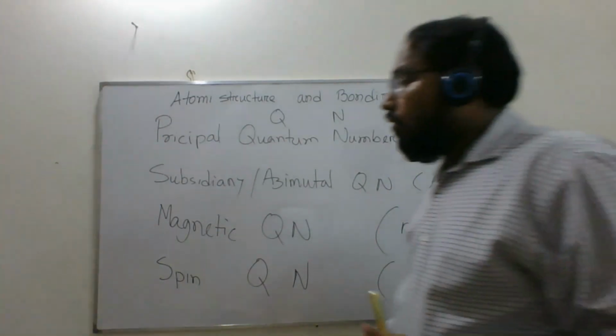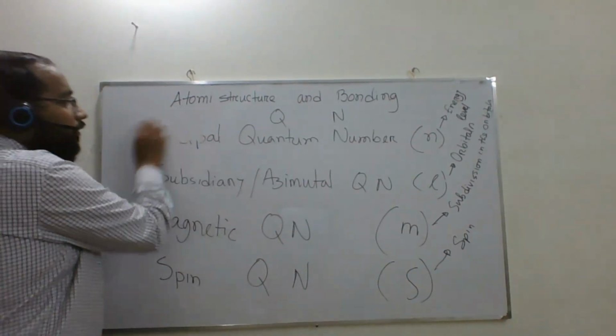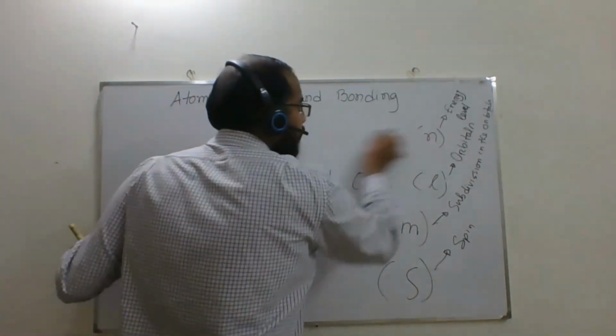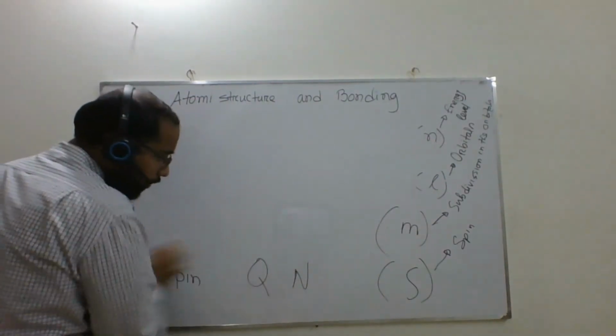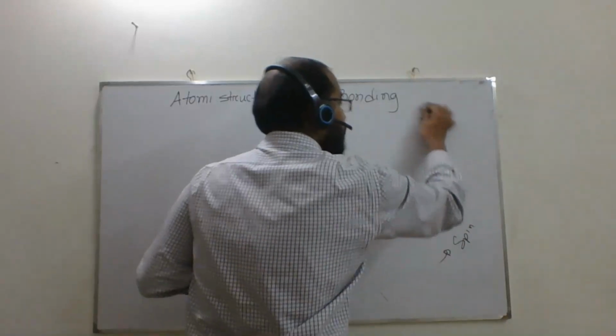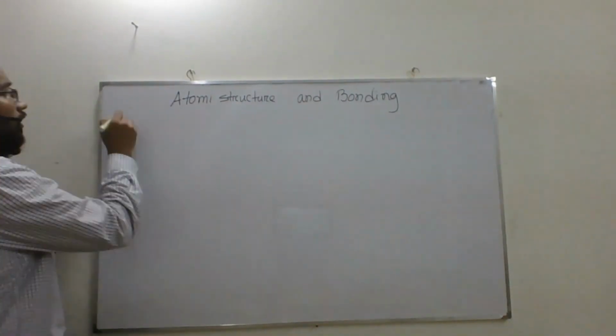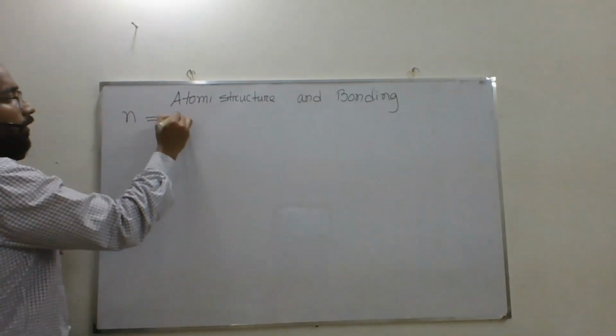Okay, now if we look at how their values are generated, if we consider the principal quantum number, that means the N, it is basically an integer. If you consider the principal quantum number n, it is always an integer.